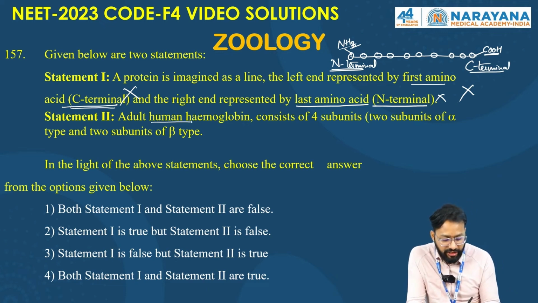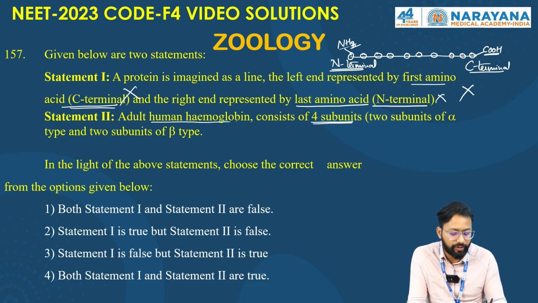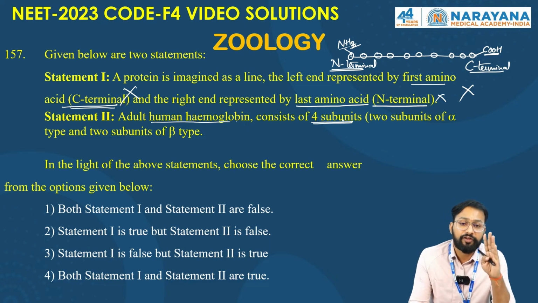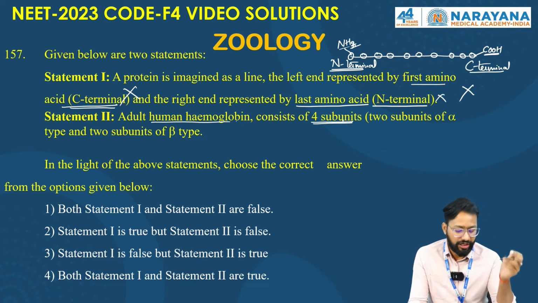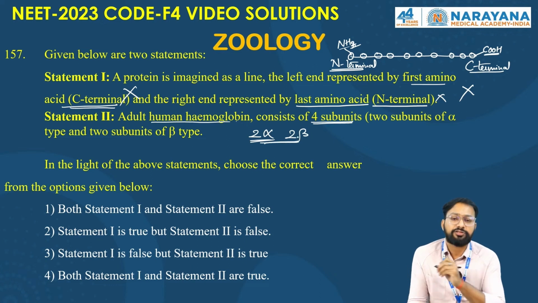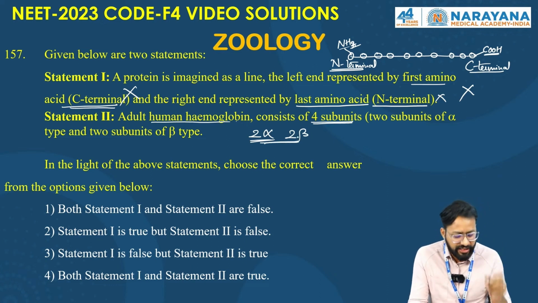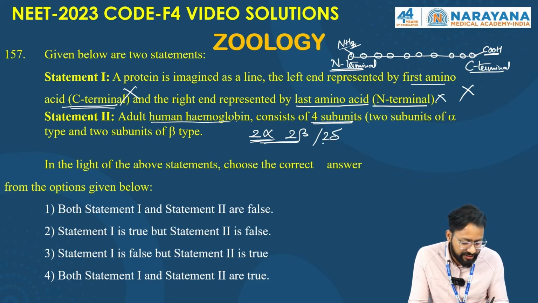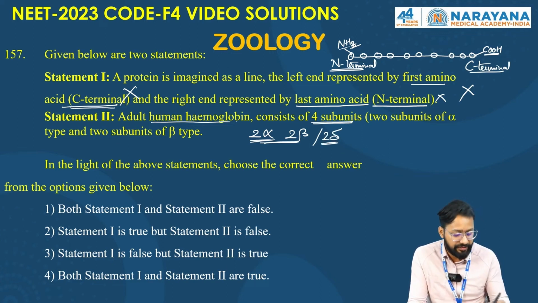Next, adult hemoglobin consists of 4 subunits, which is correct. There are 4 globin chains, out of which 2 are alpha and 2 are beta. So 2 alpha type, 2 beta type in a majority of individuals, and in some cases they could even show delta type. Instead of beta, 2 delta type can be seen.